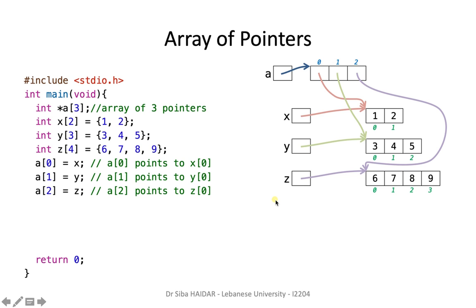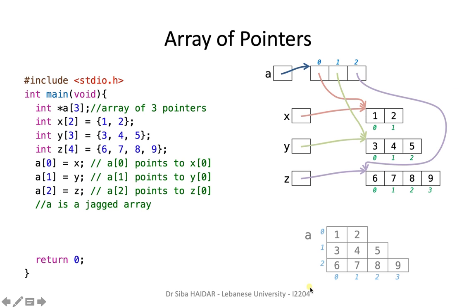I have now this schema, and I can say that a is a jagged array. How? You can imagine, take only this part. This is its representation. a is a jagged array where each row does not hold the same number of columns as the other. If we want to do the same thing we did just a few minutes ago, I can printf a of 1, 2.